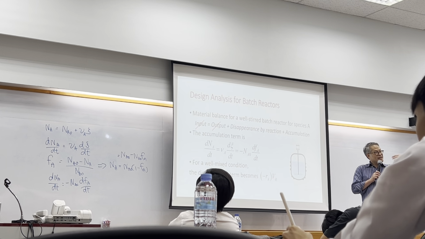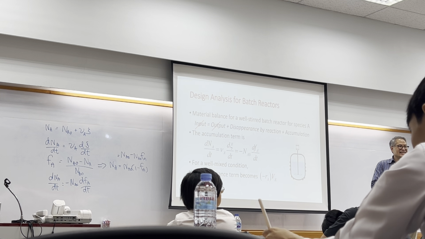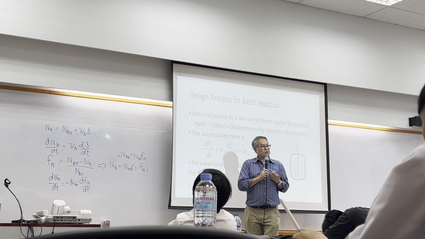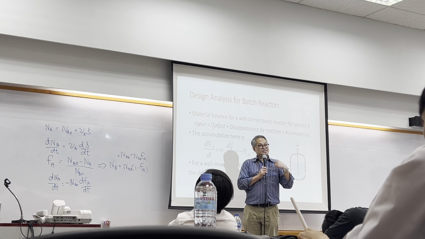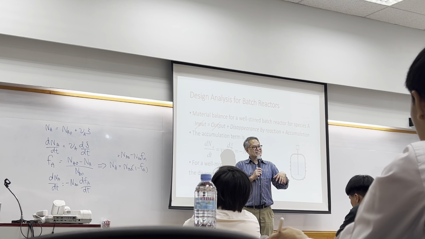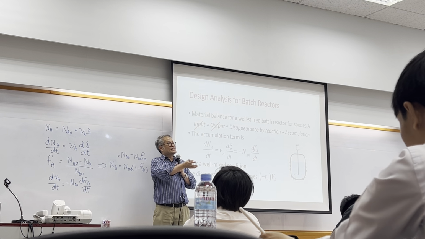So we still go back and use the old knowledge. N_A is the number of moles. C is the concentration, which is the number of moles per unit volume. N is moles, C is moles per liter.